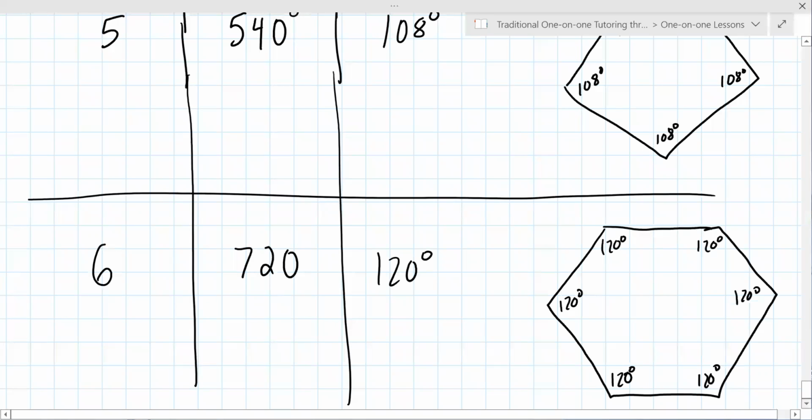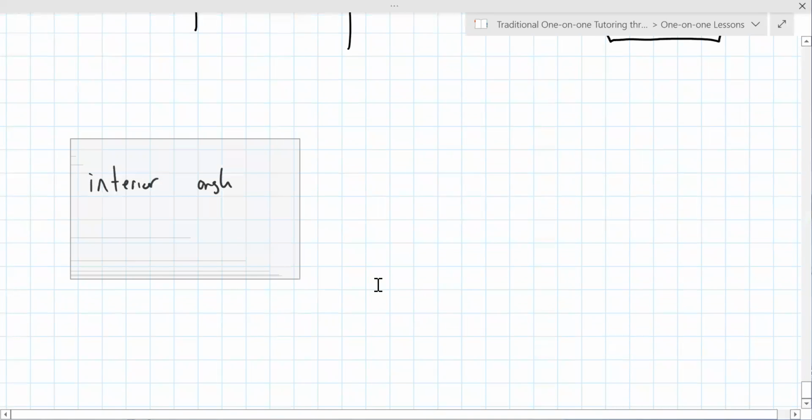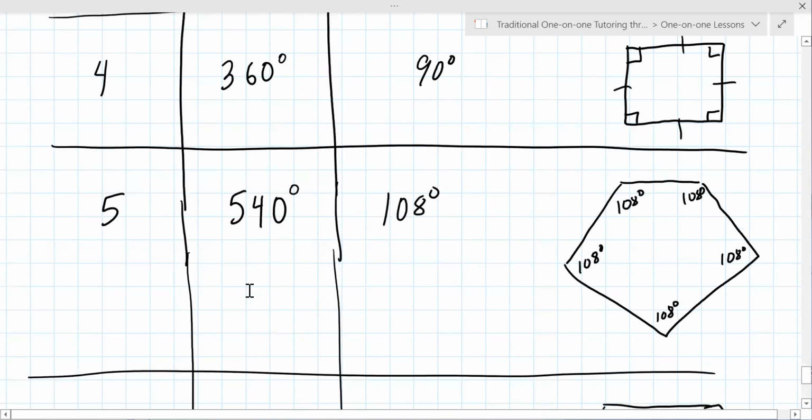So here's what we've got so far. This table continues forever, but here's a summary of what we have so far. I'm sorry, let's back up here. The sum of the interior angles is n-2 times 180. That's this middle column that we've been calculating.